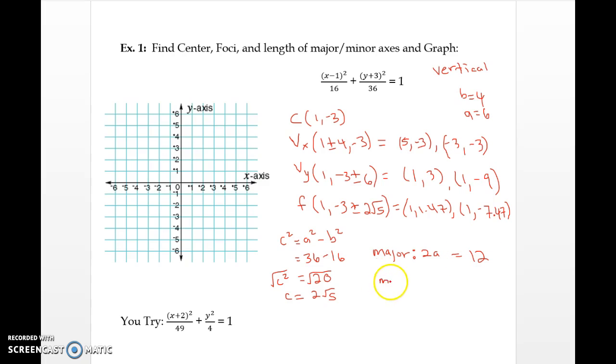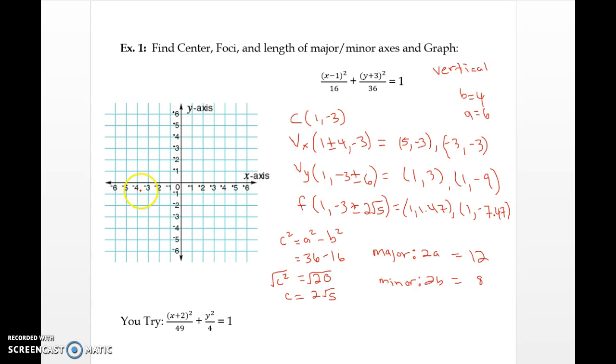If we want to know the minor axis, that is 2b, and we found b already is 4, so that would be 8. So the total length between vertices for your major, in this case for your y, is 12, and then your minor, your x, would be 8.